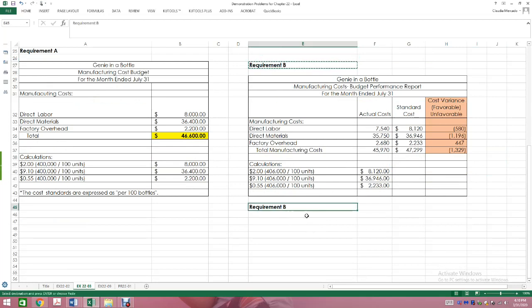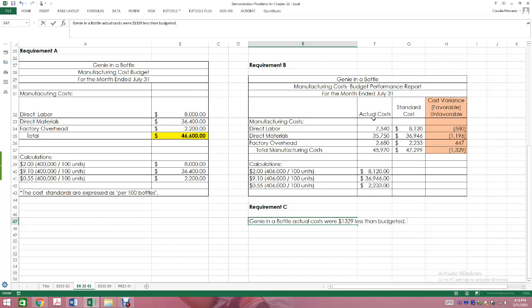Okay, so let me put the requirement C over here, and here we have the interpretation. If we look at Genie in a Bottle, actual costs were $1,329 less than budgeted. This is our budgeted amount. This is what we actually spent. We spent less than what we had budgeted.